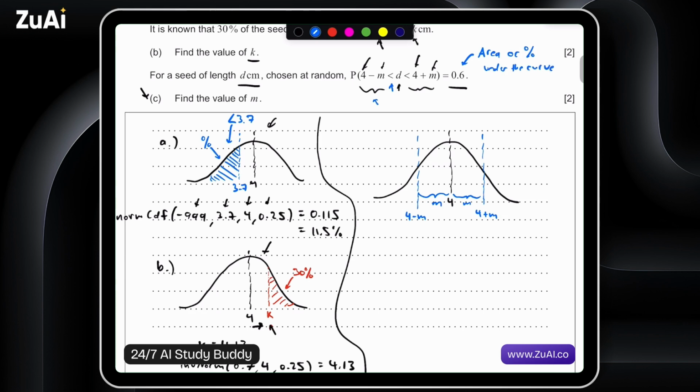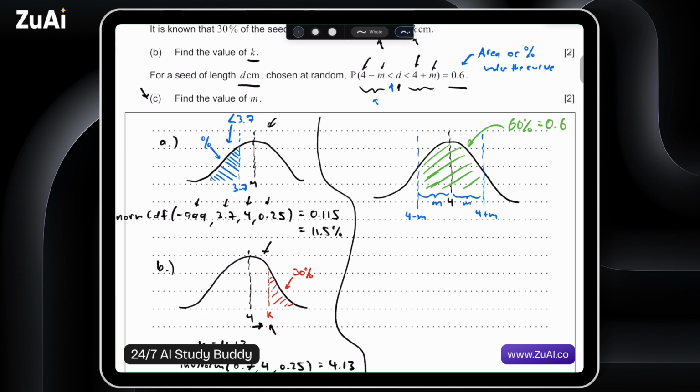So what that means is that we're dealing with 60% or 0.6 of this standard normal curve. 60% of the values are within this range where m is some distance less than 4 and some distance above 4.